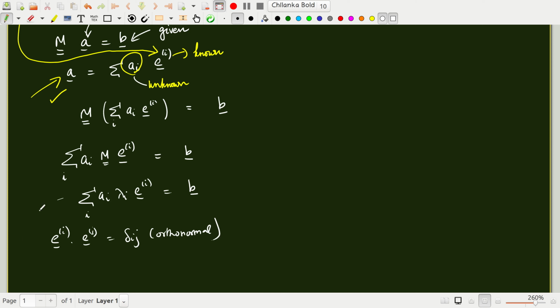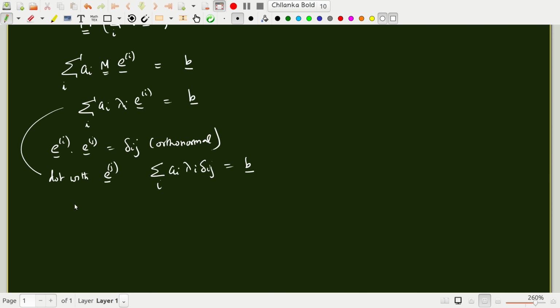Then I will dot this equation with ej. I will get the summation over i of ai lambda i times ei dot ej, which is delta ij, equal to b dotted with ej. This is a Kronecker delta, so delta ij is 1 if i equals j, and 0 if i is not equal to j.